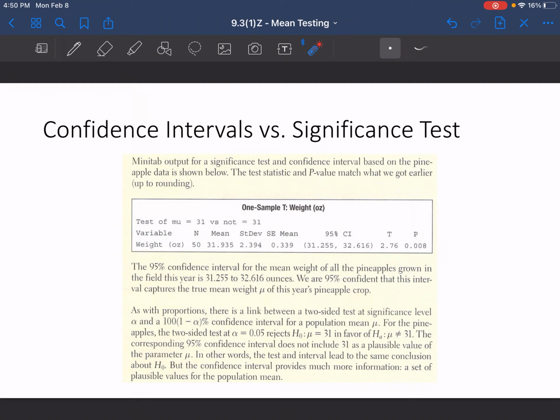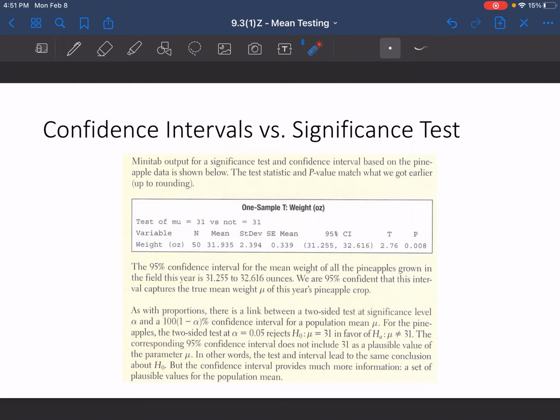So, as with proportions, there's a link between a two-sided significance test at a significance level and a confidence interval for a population mean of mu. So for the pineapples, the two-sided test at a significance level of 0.05, or 5%, means there's a 5% chance we reject the null hypothesis in favor of the alternate hypothesis.